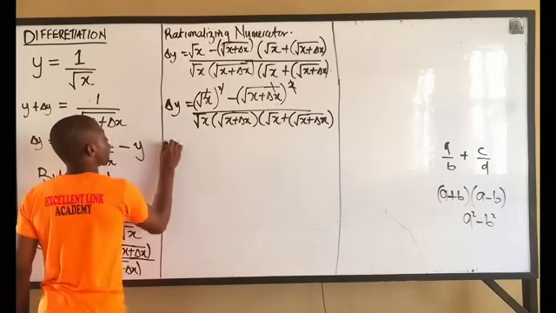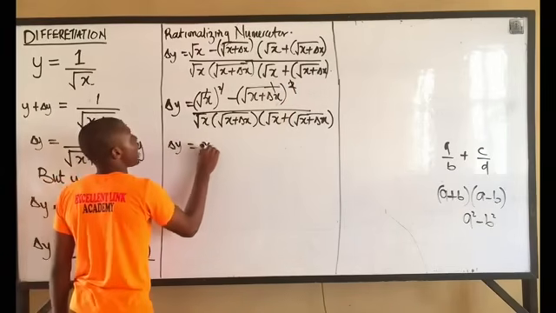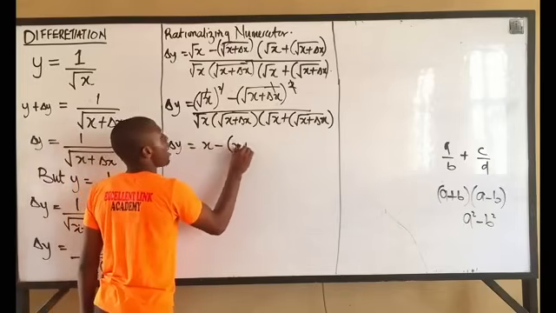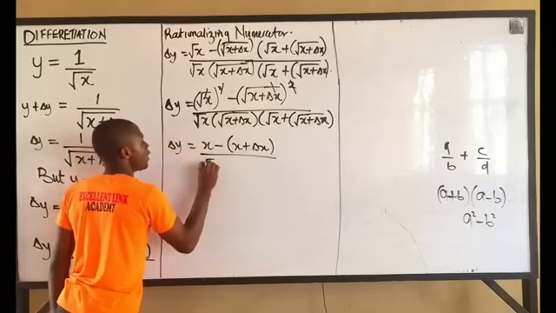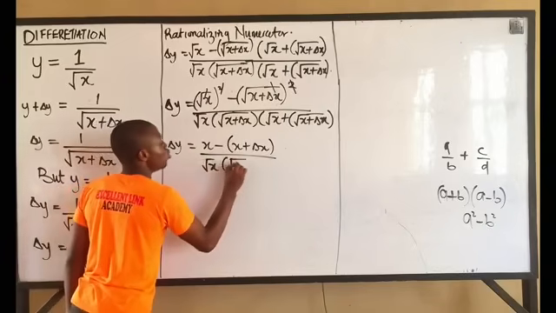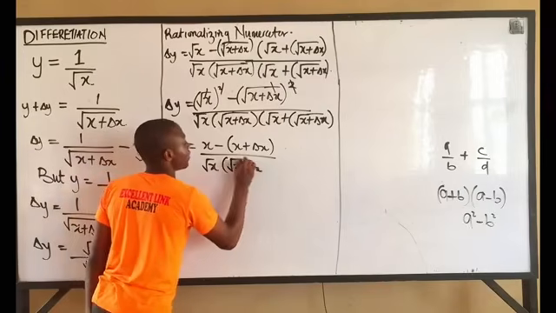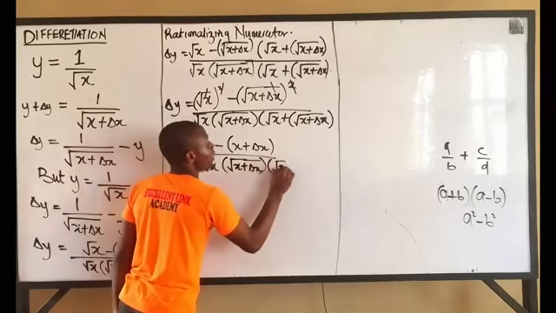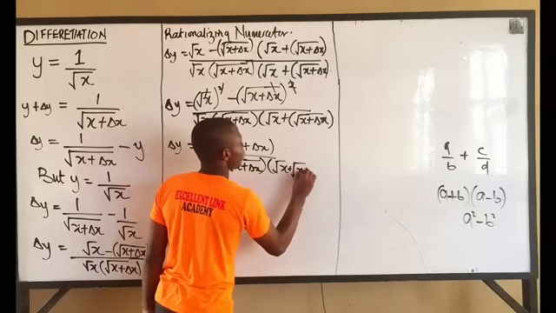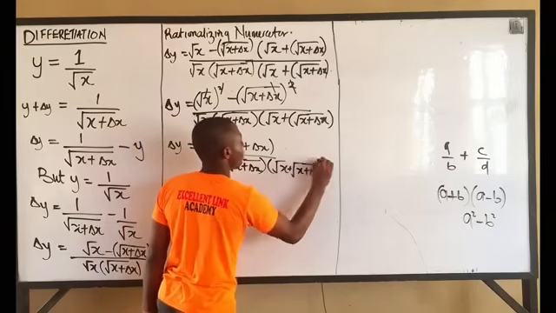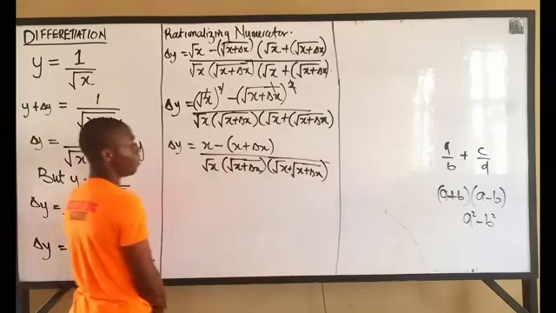So I have that change in y is equal to x minus x plus change in x all over root x into root x plus change in x. I have this into root x, next up, plus root x plus change in x.